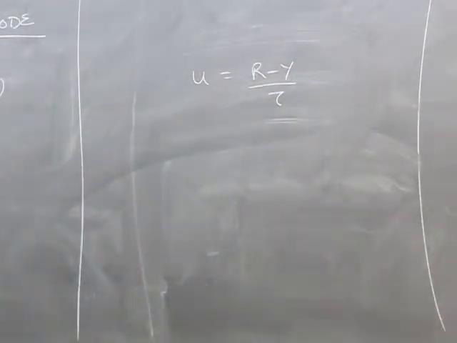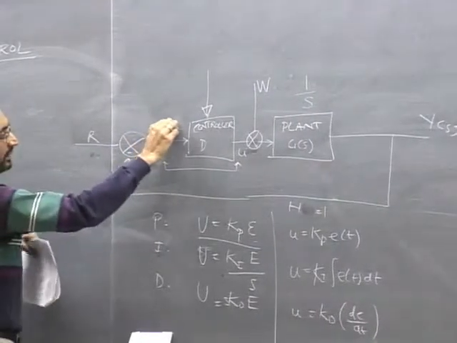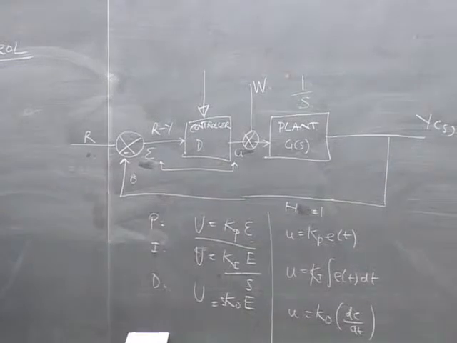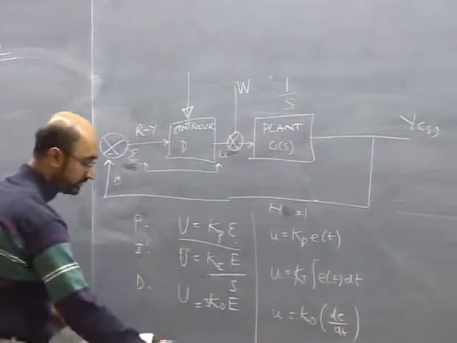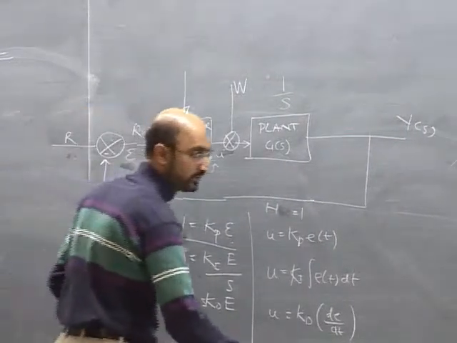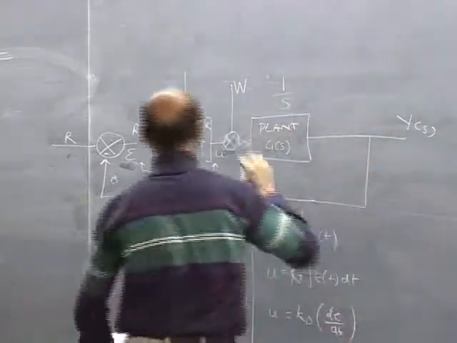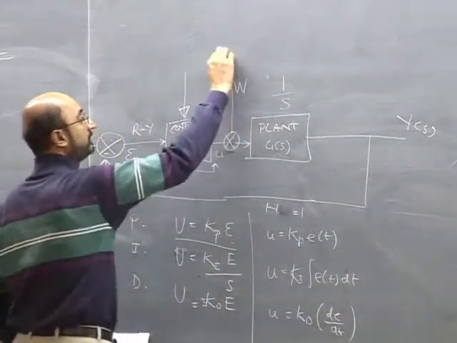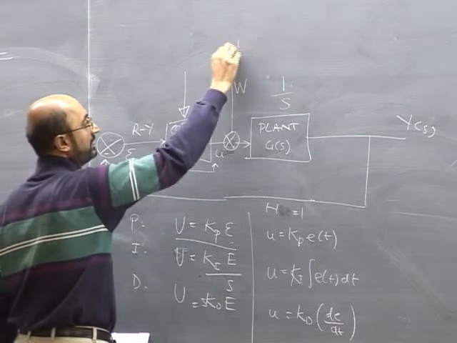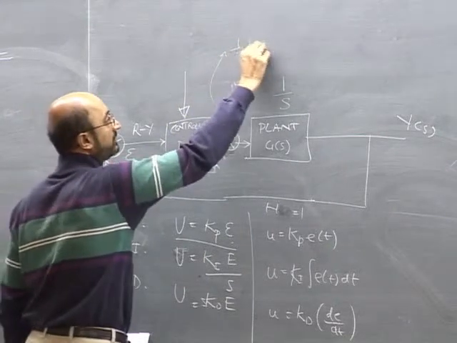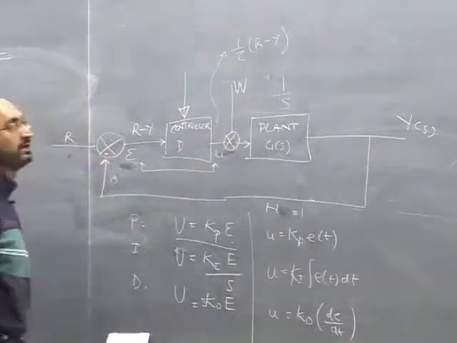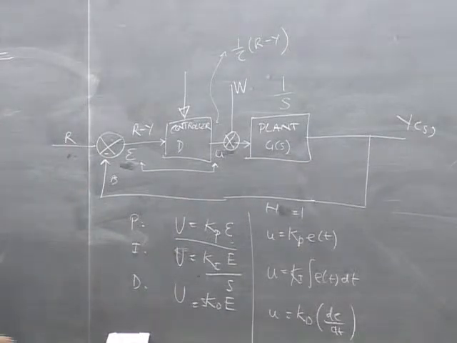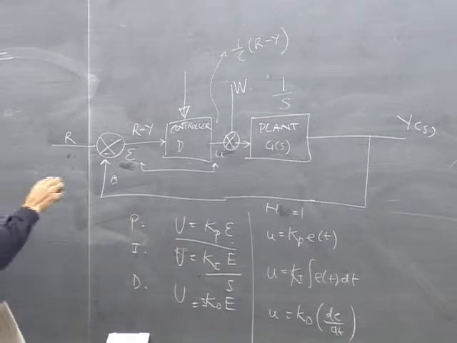So this is r, and this is going to be r minus y, and u is, instead of kp times r minus y, I'm just writing it as 1 over tau times r minus y, because the physical interpretation of this is a bit easier to see.